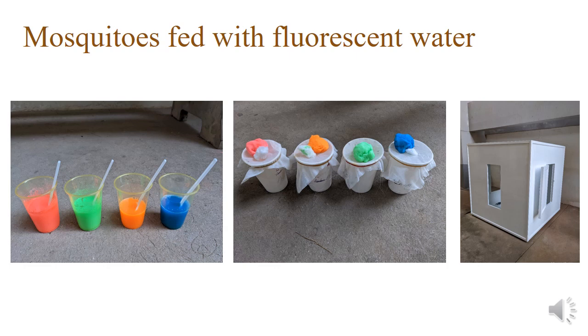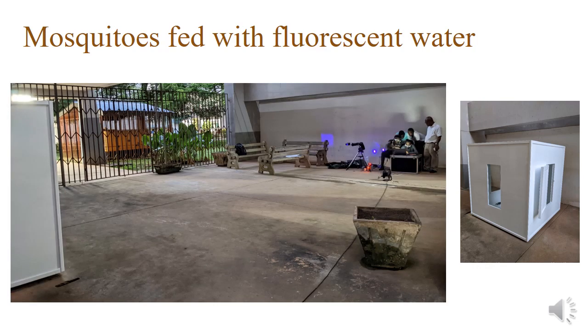Last year at University of Cape Coast, we tried to replicate and expand on this mosquito tagging method. Here we marked 4 different mosquito species with different fluorescent tags. We let them feed on the sugar water and then we released them into a flying chamber, positioning the LiDAR to measure into this chamber.